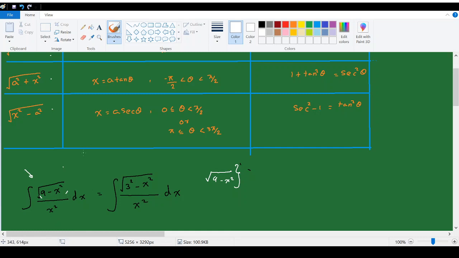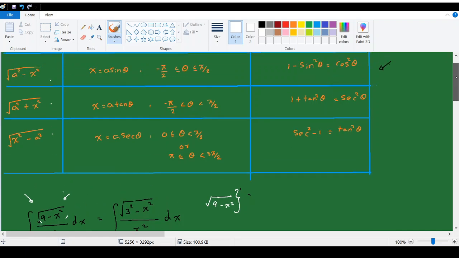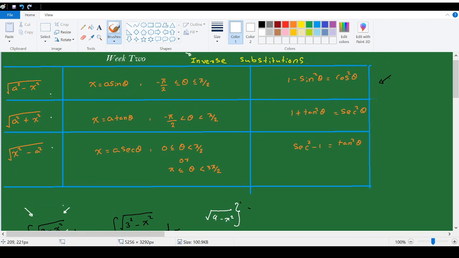So our only concern should be this square root sign. Inside the square root we have 9 minus x squared, and that can be visualized as one of these three categories.